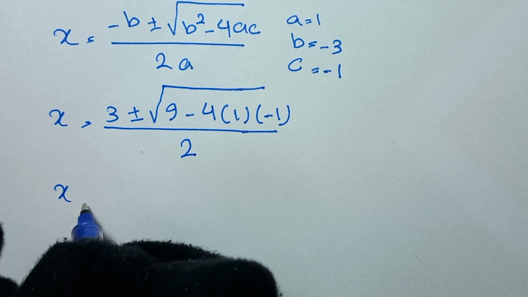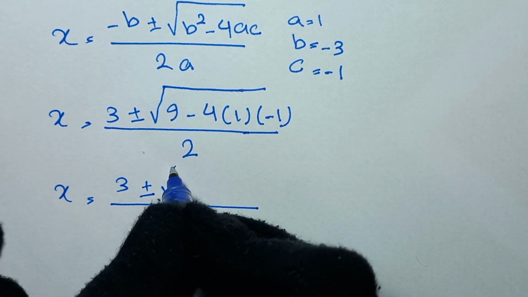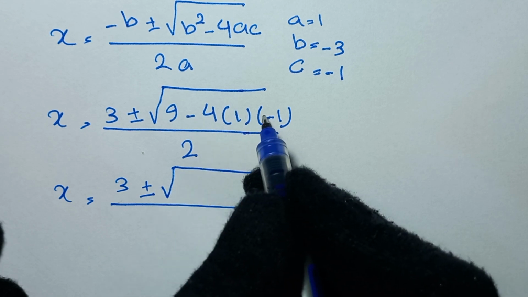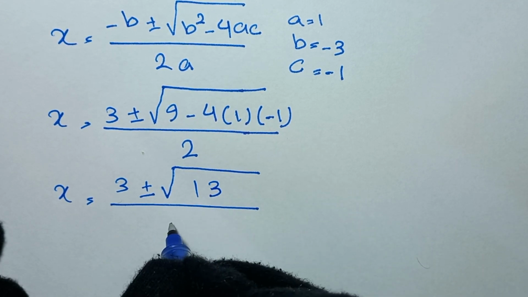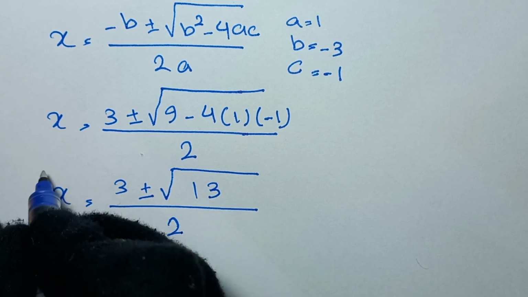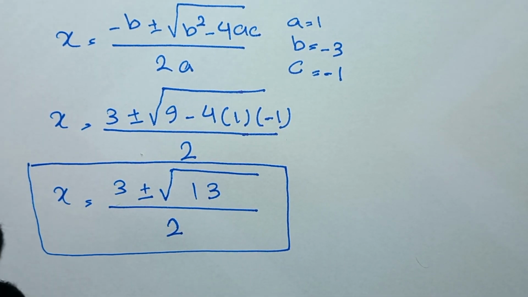And x is equal to 3 plus or minus square root of, negative times negative, it will be positive, so 9 plus 4, it will be 13 over 2. So, in here, we have two solutions for x.